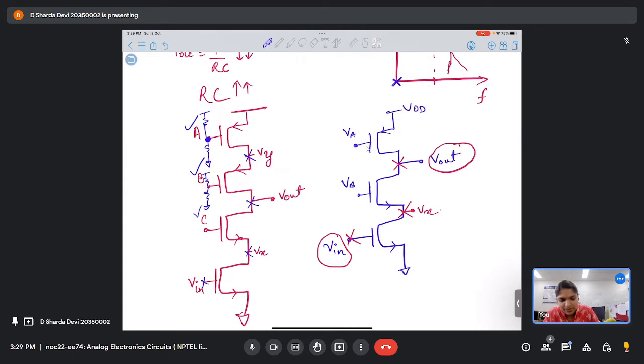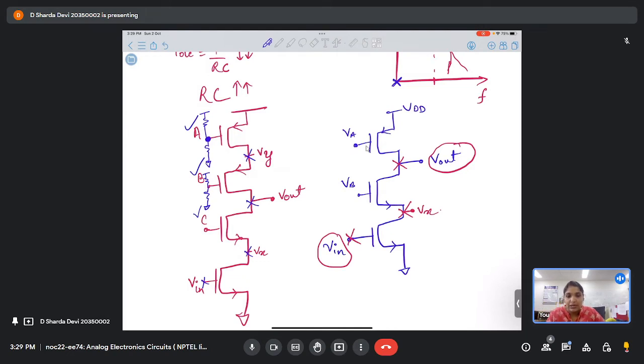Once your R's are fixed, your voltage is fixed, and the potential at A will never change. So it's more like a DC node. It only has a DC bias. Similarly, B and C will also have a DC bias.